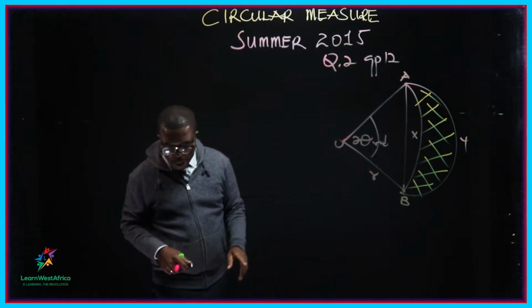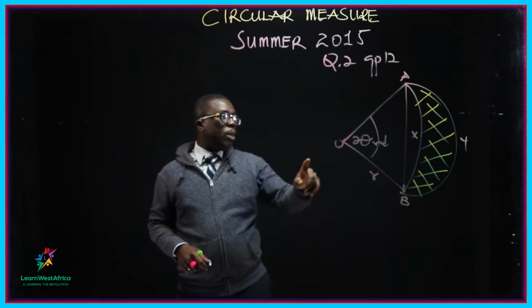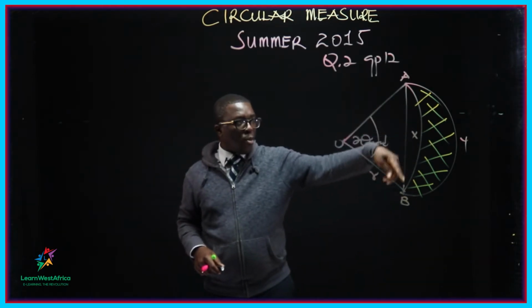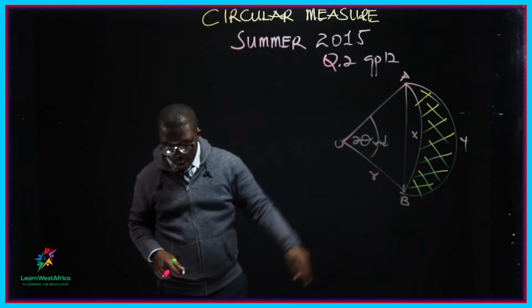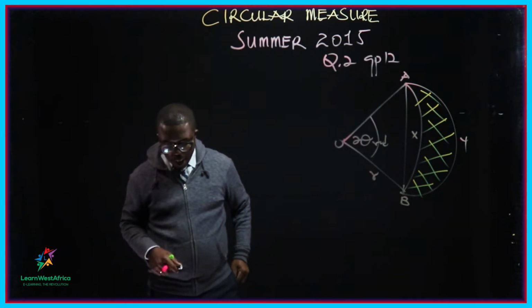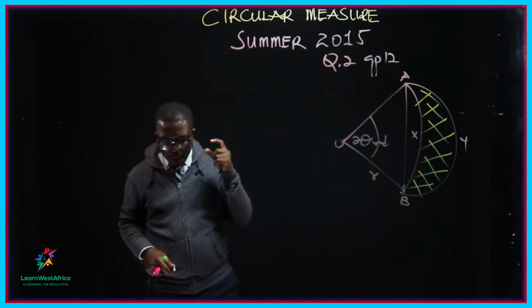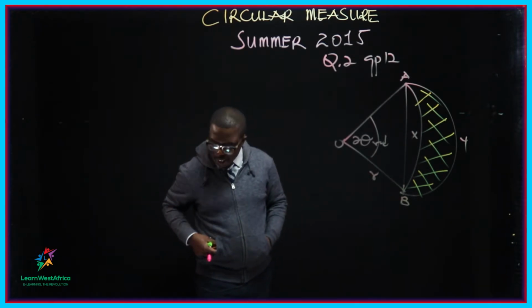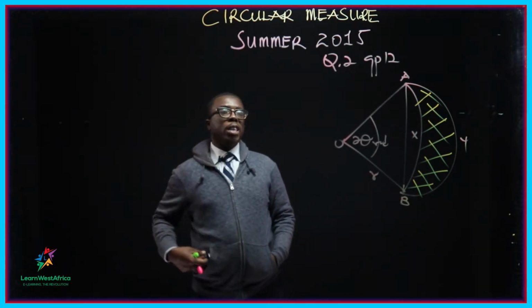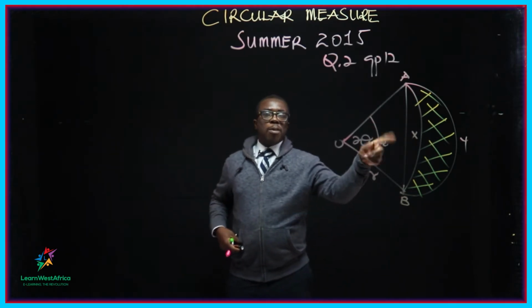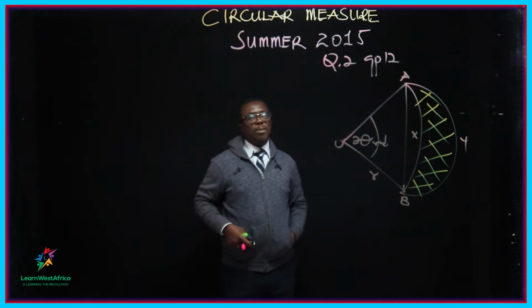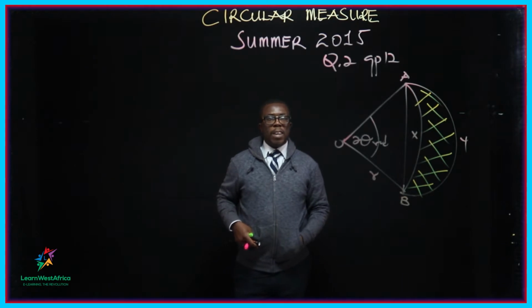That's what the problem mentions. And OAXB, X referring to the portion of the second one, is a sector with center O and radius R. We are told that AOB is 2 theta radians, and we want to find an expression in terms of R and theta for the area of the shaded region.